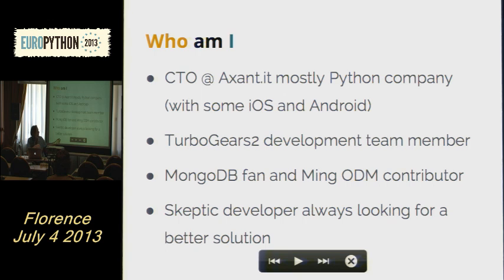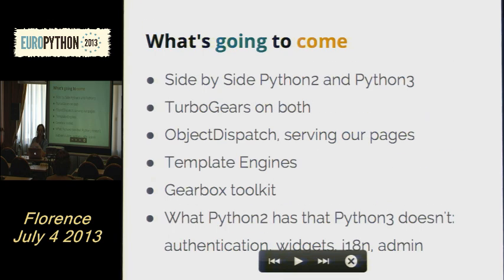And I'm a skeptic developer, always looking for a better solution, and you will probably notice this by my slides, because we are going to see a bunch of ways to achieve our target. What's going to be about this talk? This talk is going to be about making web application on Python 3 and seeing what's available on Python 3, what's not, when we need to switch back to Python 2 because dependencies or tools are not available on Python 3.